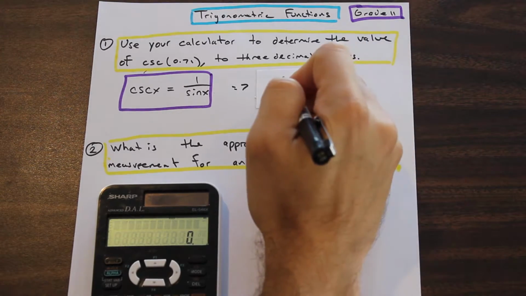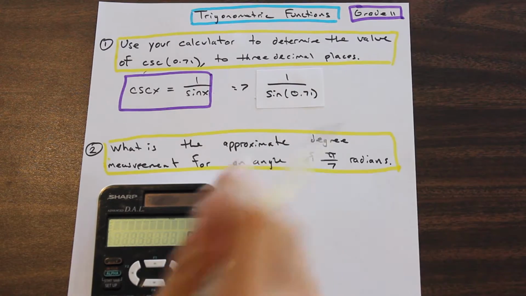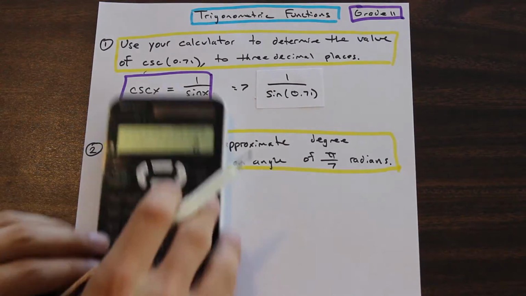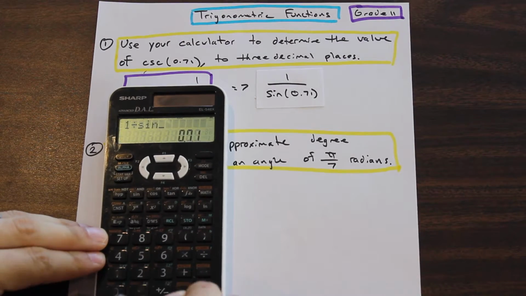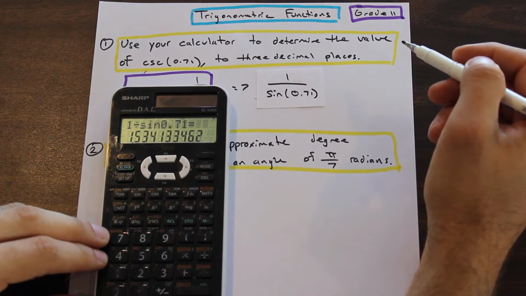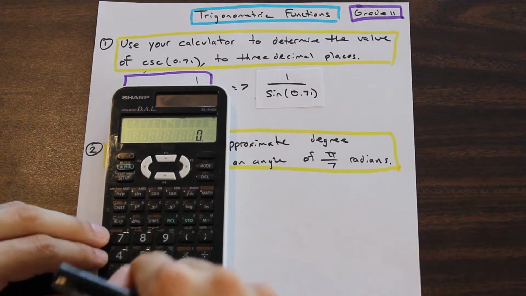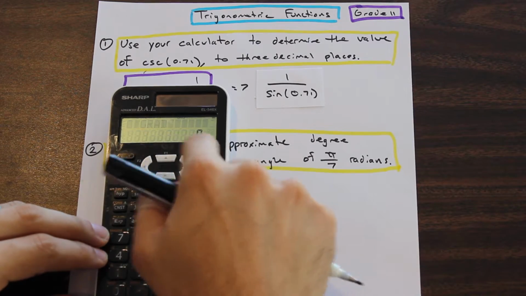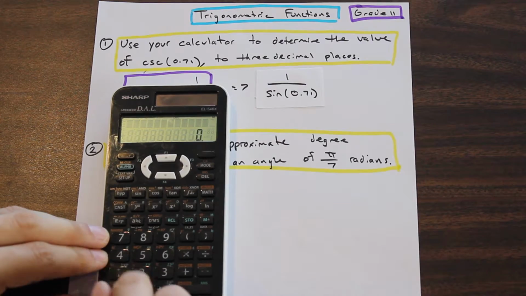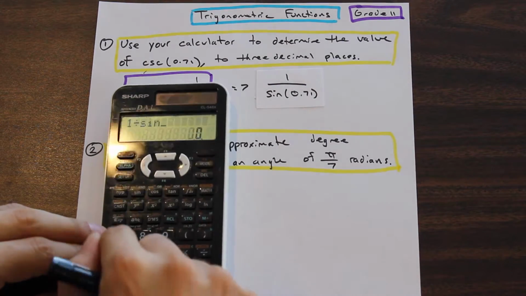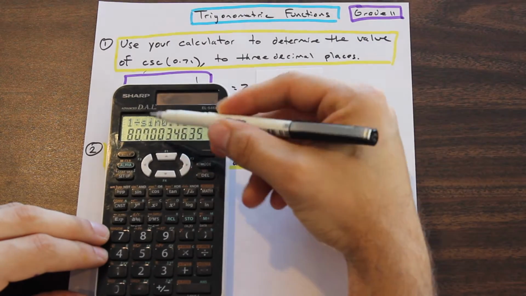So let's rewrite that as 1 over sine 0.71. They're identical. Let's go ahead and put that in. We have 1 divided by sine 0.71, and we should be left with, okay, 80.7, and then 0, 0, to 3 decimal places.